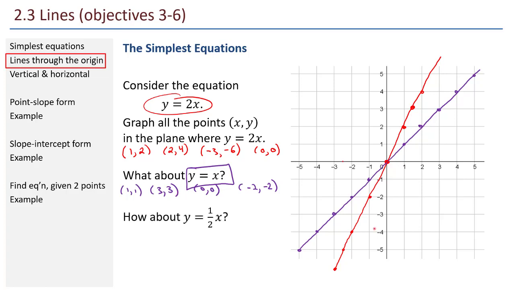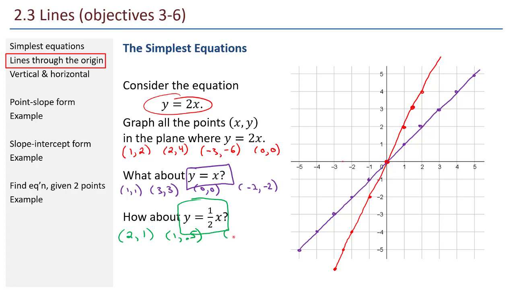And a third example, what about the equation y equals 1/2 x? So this is telling me I'm making a bunch of points, and the y value is half of the x value. So something like (2, 1) works, but also even something like (1, 0.5) works, because the y value is half as much as the x.